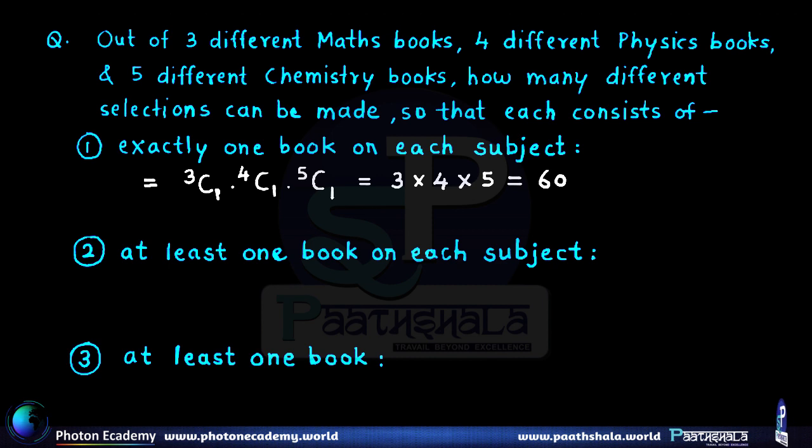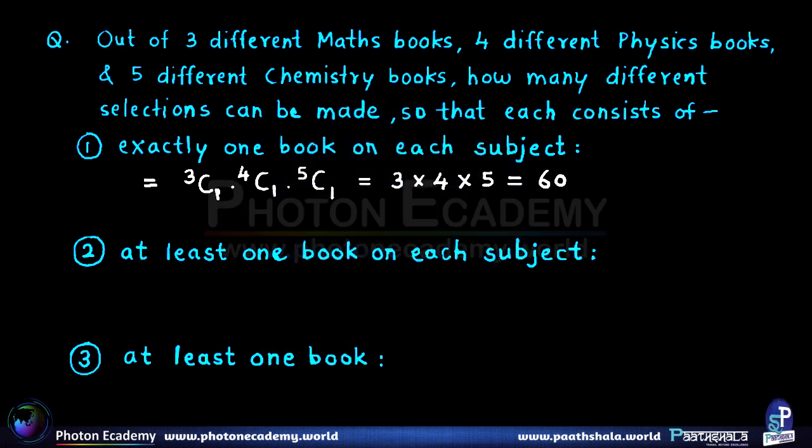Now coming to the second sub question, where we have to think of at least one book on each subject. So now here we may include one or more books also for a particular subject. So let's consider maths. Now for maths we have 3 different books.